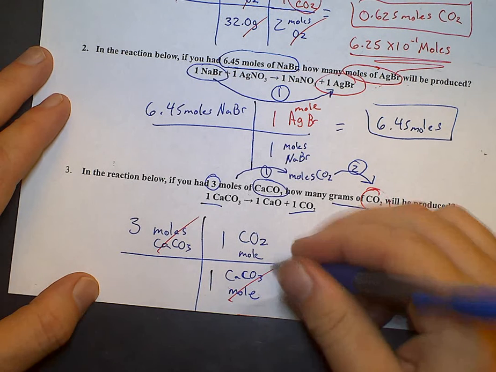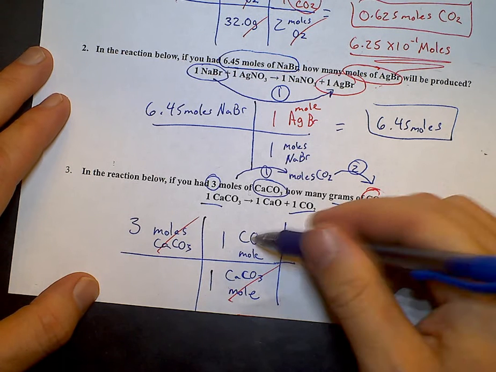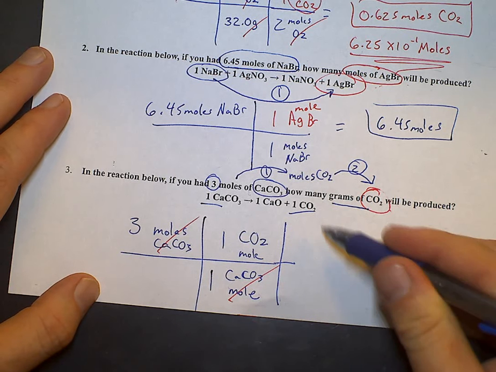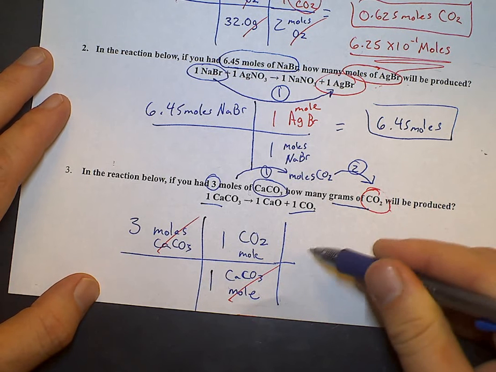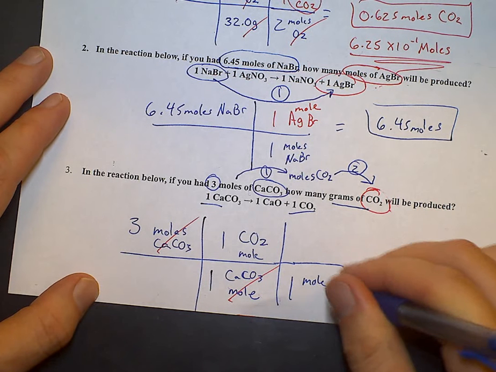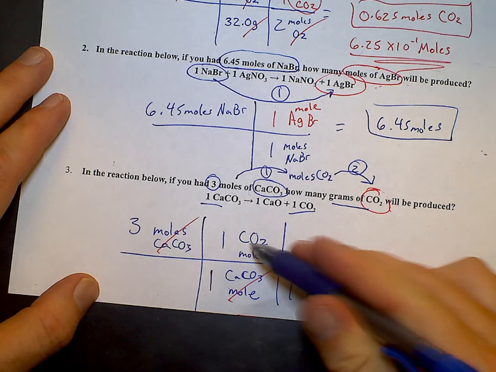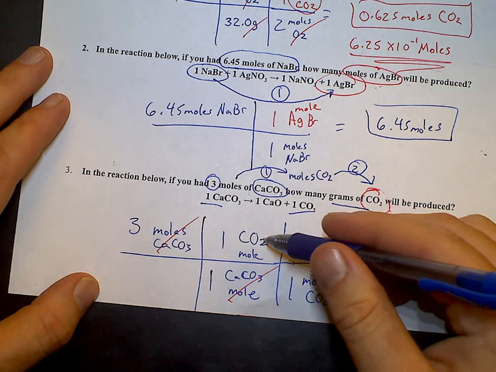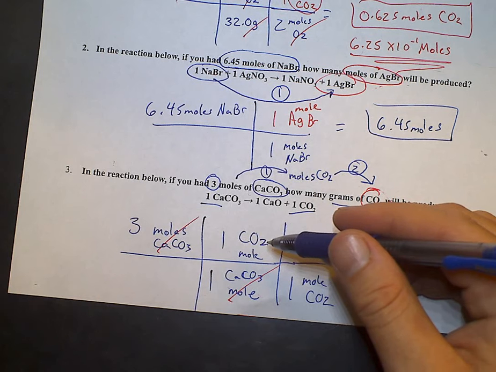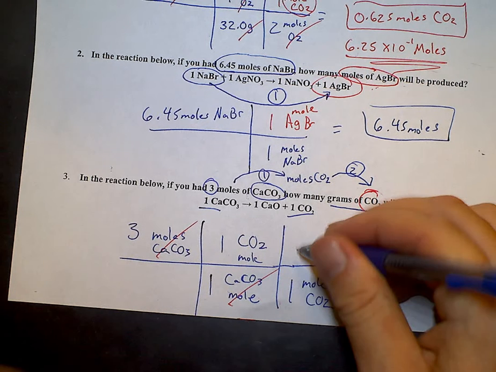Next box. If this is moles, this is moles. We now need to look up how many grams 1 mole of CO2 weighs. 1 carbon is 12, oxygen is 16, so 16 times 2 is 32. 32 plus our 12 from our carbon is going to be 44.